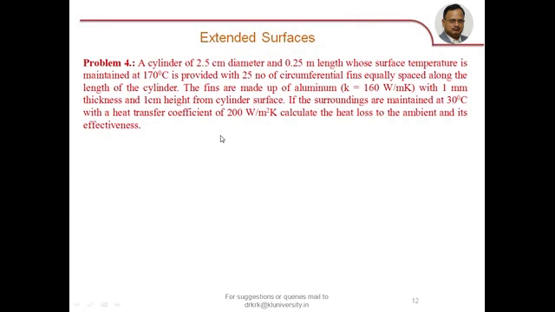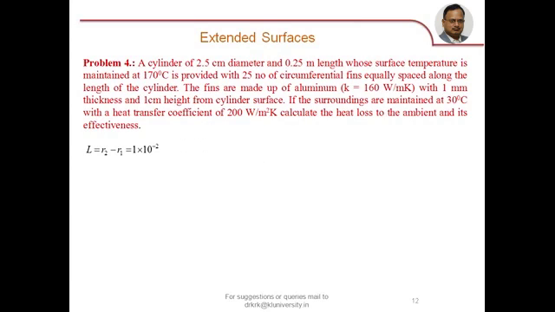Now let us have a look at the problem. A cylinder of 2.5 centimeter diameter and 0.25 meter length, the surface temperature is maintained at 170, provided with 25 number of circumferential fins equally spaced along the length of the cylinder.